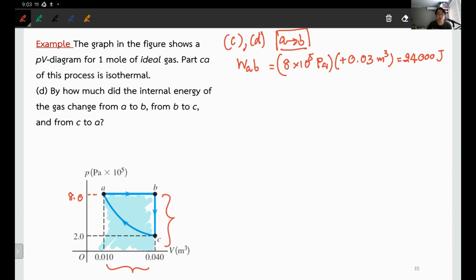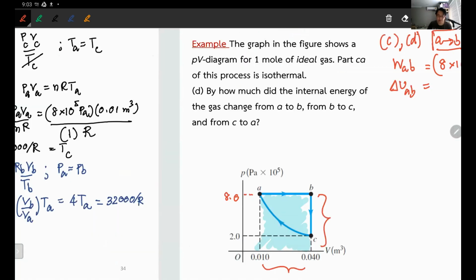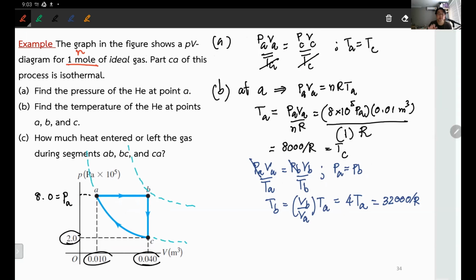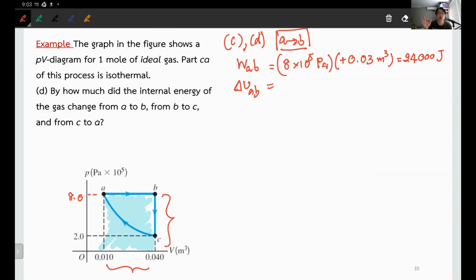Okay, what else do we know? Of course, delta U is done because we already calculated the temperature at all points. When temperature changes, the internal energy changes, and it's simply 3/2 nR delta T. That's for the monatomic ideal gas.